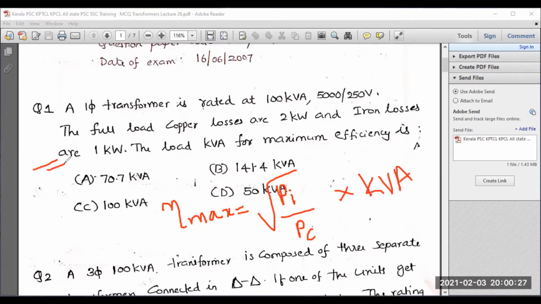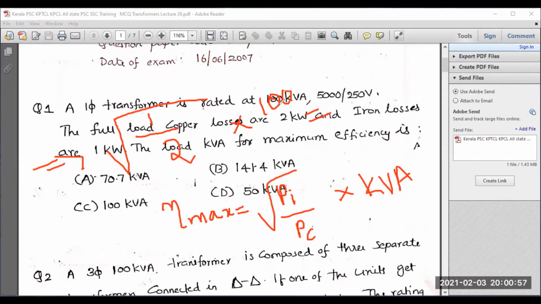Iron loss is given, that is 1 kilowatt, divided by Pc, which is nothing but copper loss. Copper loss is given as 2, times the full load kVA. Full load kVA is available in the question, that is 100 kVA. Directly substitute 100: square root of 1 by 2, times 100.